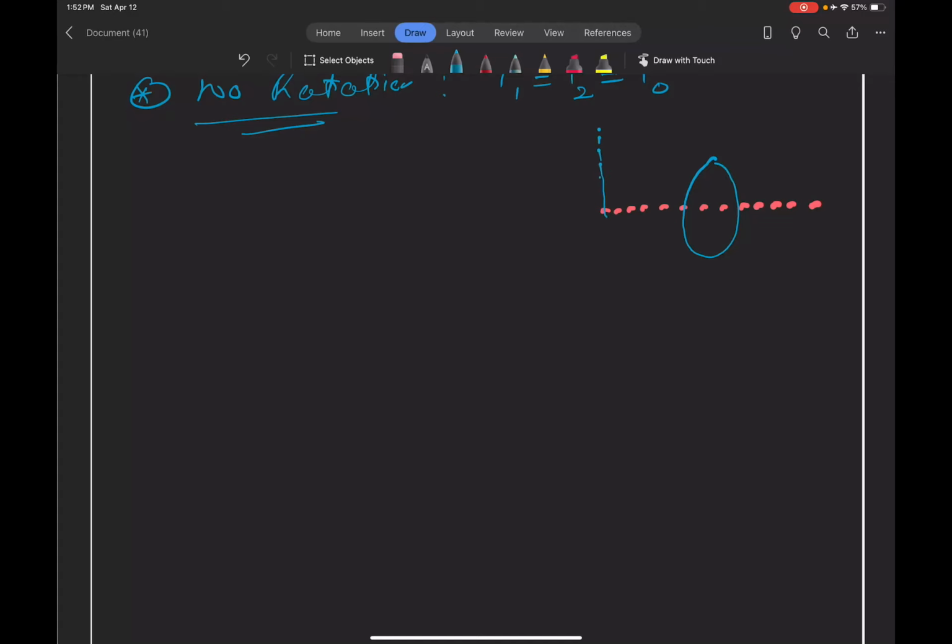So here will be our T1, which is equal to T naught, and here also we have T2, which is also equal to T naught, and in downward direction we have our mg.